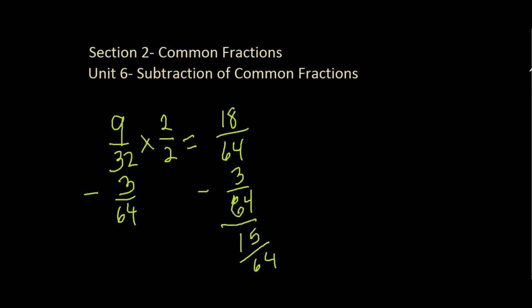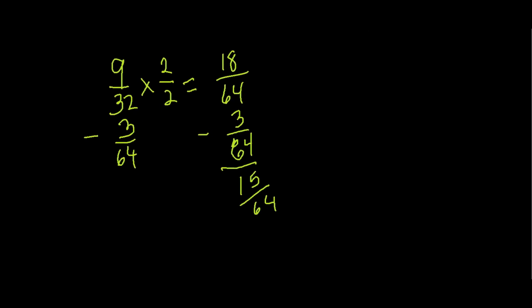The next problem, however, gets a little more complicated. Let's scroll this down. Make room for this. We start with the numbers 5 3/8 minus 1 2/3. Well, the first thing we want to do is remove the mixed numbers. So we multiply the 5 times 8.